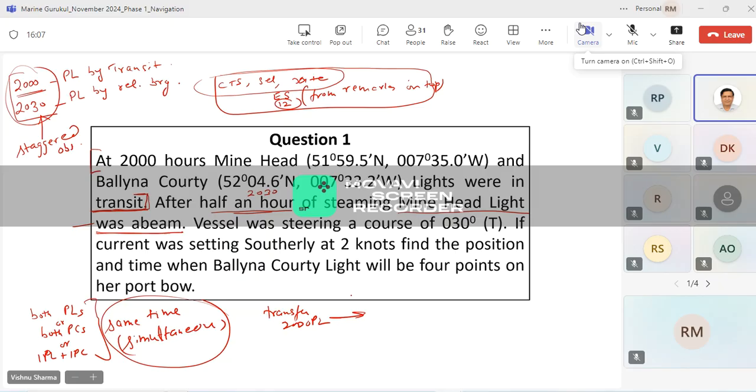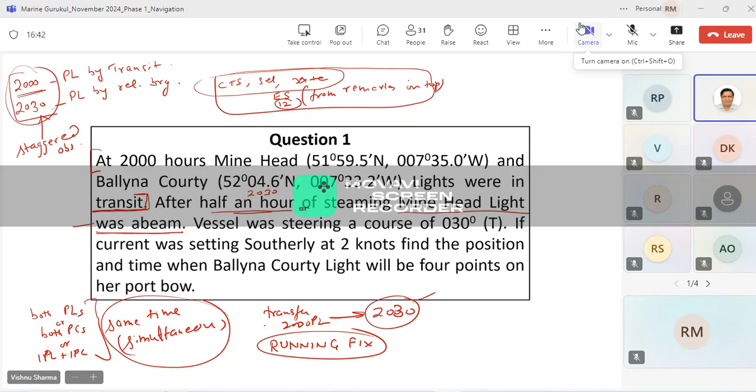That means I take the first PL 30 minutes forward and make it a PL for 2030, so that I will have two PLs, one transferred PL for 2030 and one observed PL for 2030, which will give me the position of the vessel. Have you understood this method? If you recall from your second mate times, guys, this is called running fix. Right? Yes, sir. Okay.